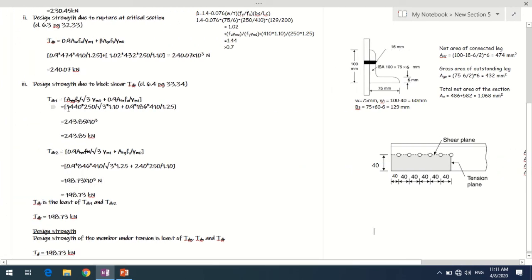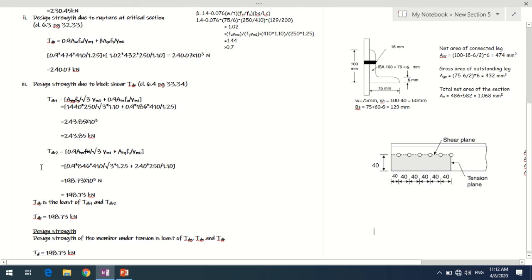In the first condition, yielding is taking place along the shearing plane and rupture is taking place along the tension plane, and the strength comes out to be 243.85 kilonewtons.